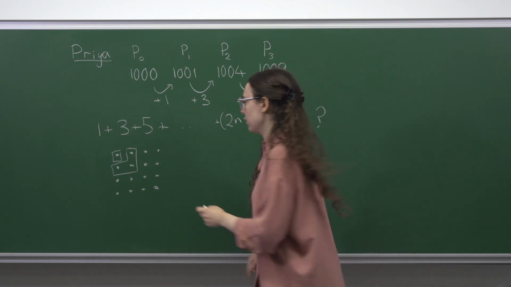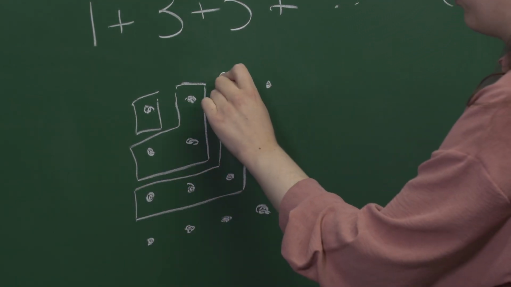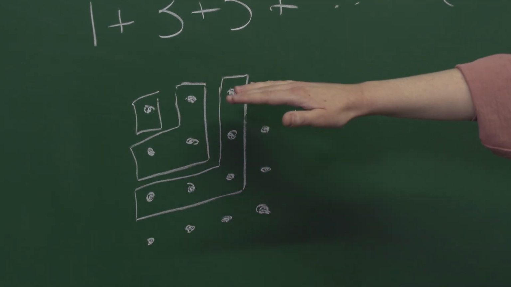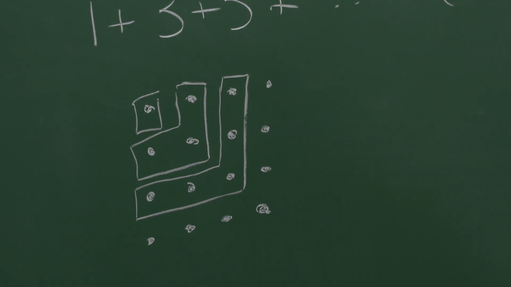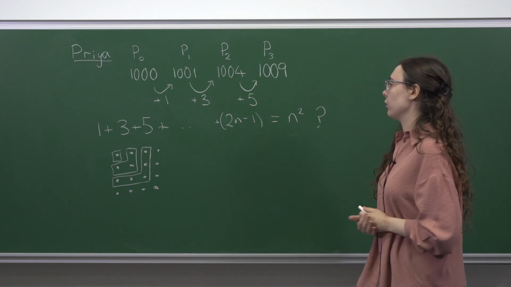Here I've added 3 dots. Here I've added 5 dots. And at every stage, I'm going to add consecutive odd numbers of dots. And you can see that they're going to form a square. And so intuitively, this is why you can see that this equation is true.